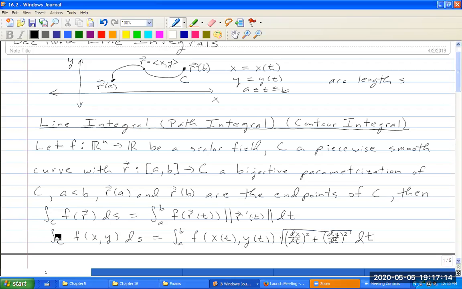the integral of f over the curve C is just equal to the integral from A to B of f evaluated at r times the norm of the velocity. So this is just the speed times dt. Another notation that they use in the book, they actually use several notations in the book.